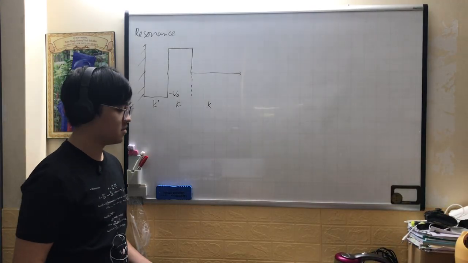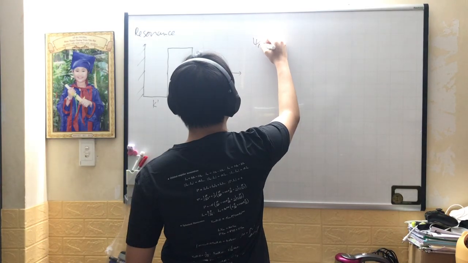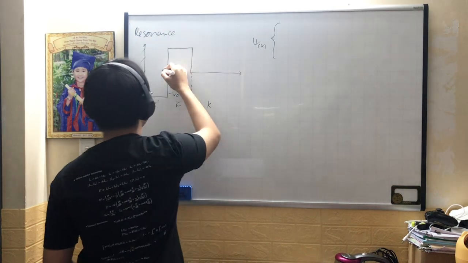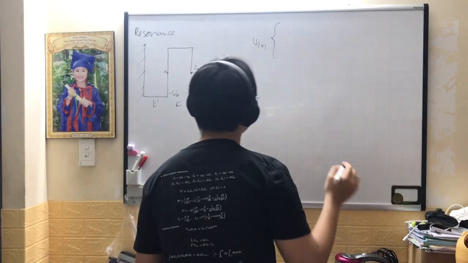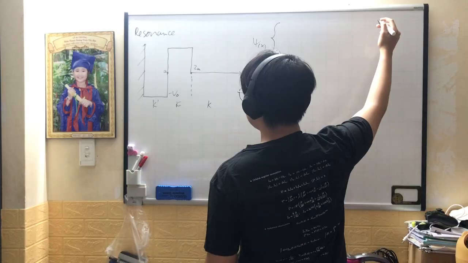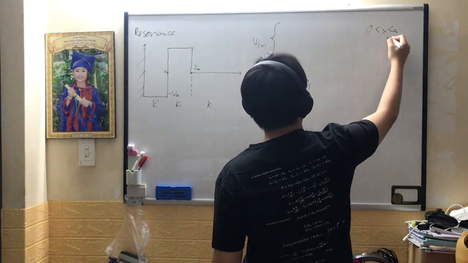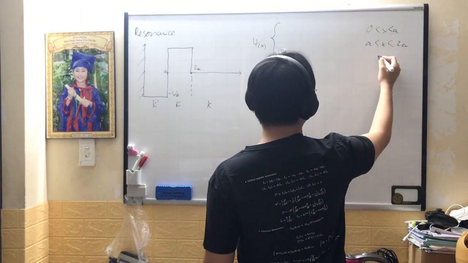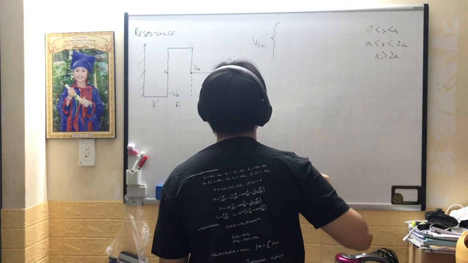With something like this, let's write our wave function. Okay, so this is A, this is 2A. So for 0 to A, and A to 2A, and outside of 2A.